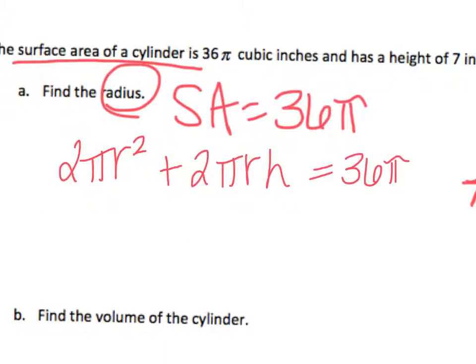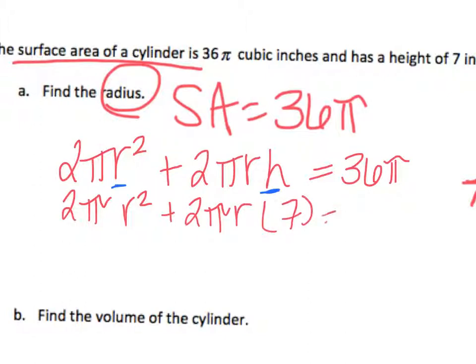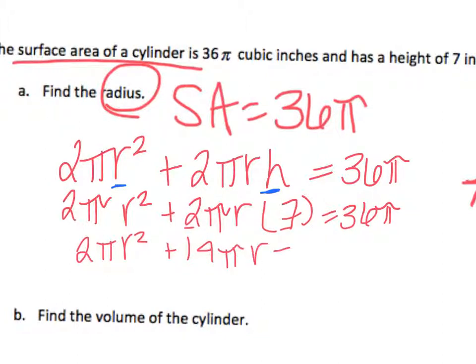Now over on the left hand side, I don't know r, but I know what h is. So I'm just going to go ahead and substitute that in. So I have 2 pi r squared plus 2 pi r times 7 equals 36 pi. So I got 2 pi r squared plus 14 pi times r equals 36 pi.